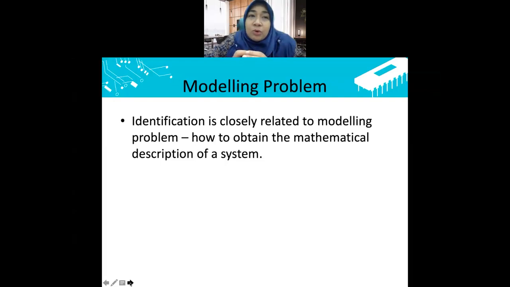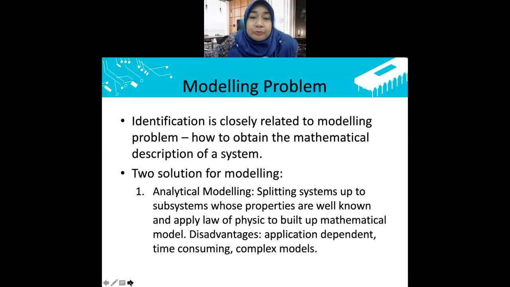Modeling is about finding out how the plant behaves so that we can control it later on. In engineering, identification is obtaining the mathematical description of the system. There are two solutions for modeling.